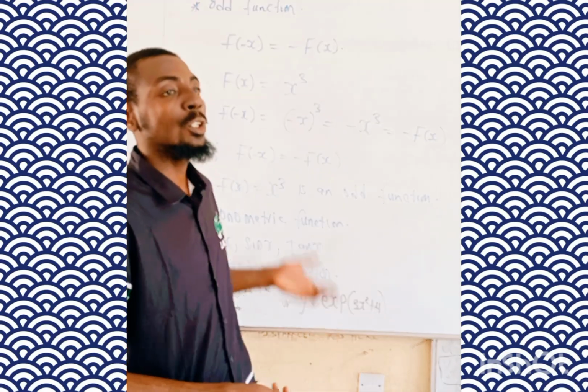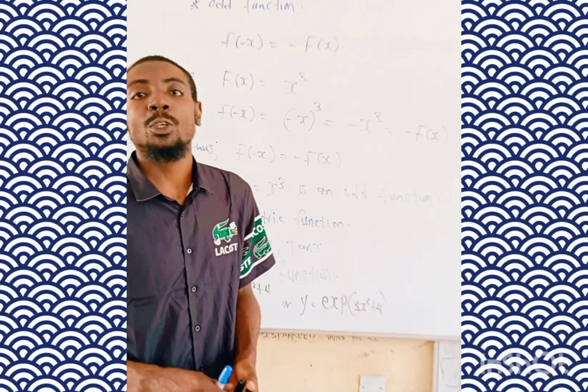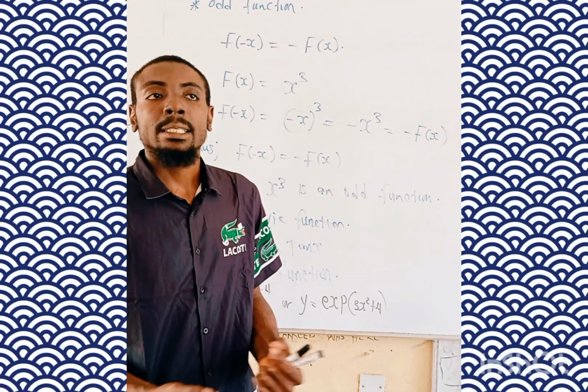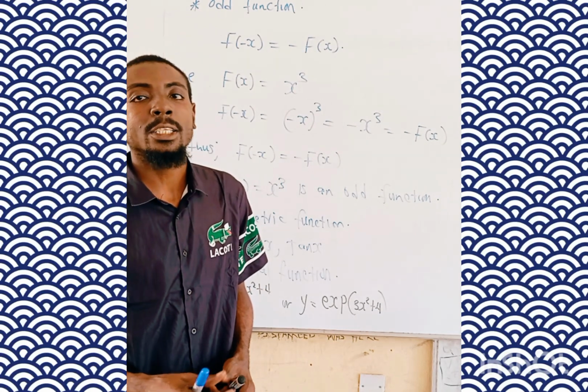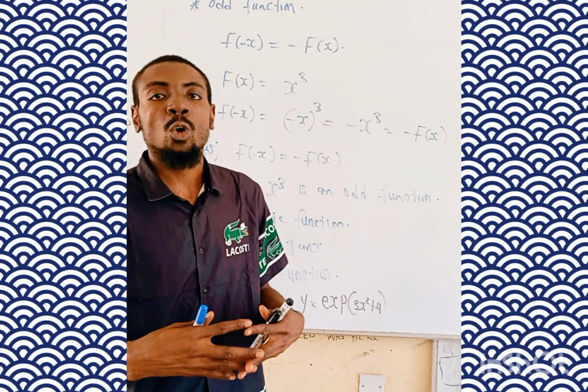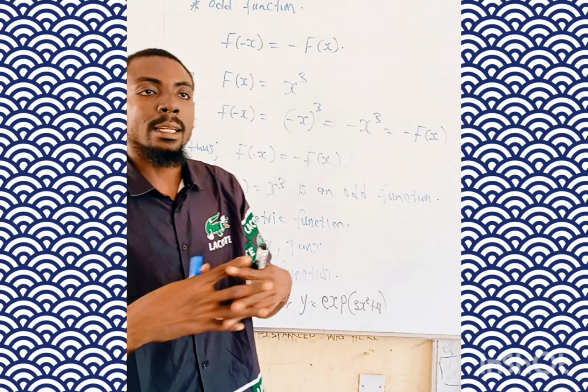Still on that type of function, we still have logarithm function, a function that has logarithm sign. Then we still have implicit function, a function that contains both x and y, that's coming together after the equal to sign. You see x and y that is linked together.